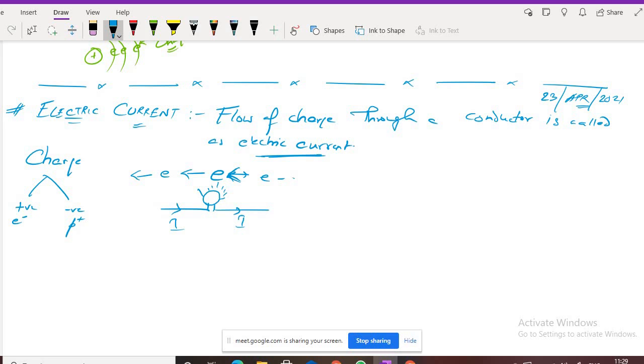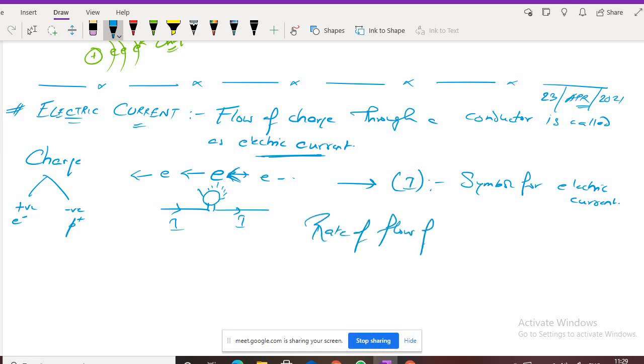Electric current is denoted by the symbol I. I is the symbol for electric current. We can also say it is the rate of flow of charge. What is rate?